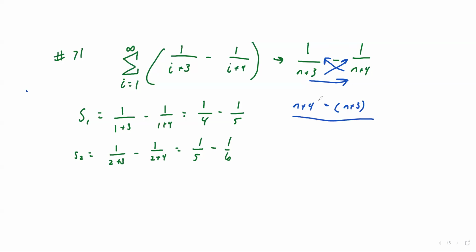And then on the bottom, I would get n plus 3 times n plus 4. Now, when I do that, that would give me n minus n, which would cancel out, and 4 minus 3, which would give me 1. So that gives me a formula right there.